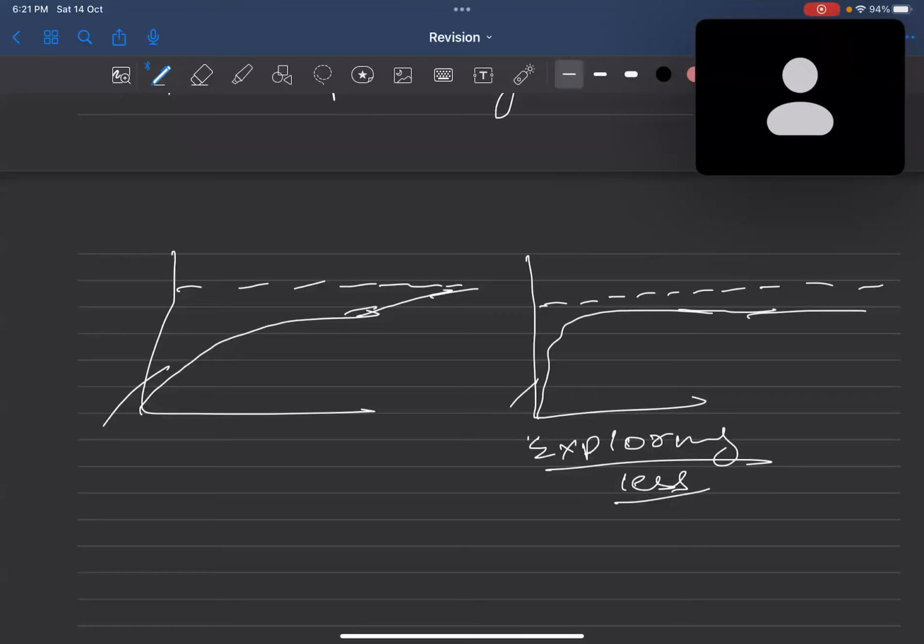Sometimes we are okay with a suboptimal arm if we want low regret over time, but if we want a more optimal arm, then the other approach is okay. So we should have that trade-off, how much regret we should accept and how much to explore and exploit.